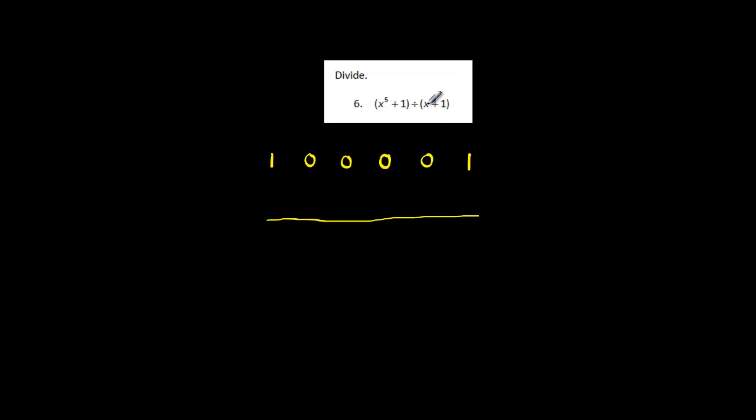We're dividing by x plus 1, so we're going to put negative 1 here. Drop the 1, multiply, add down, multiply, negative 1 times negative 1 is 1, add down, negative 1 times 1 is negative 1, add down, multiply, add down, multiply, add down.